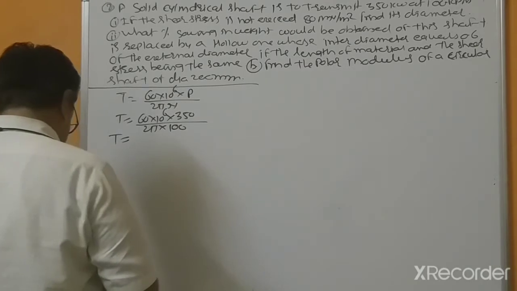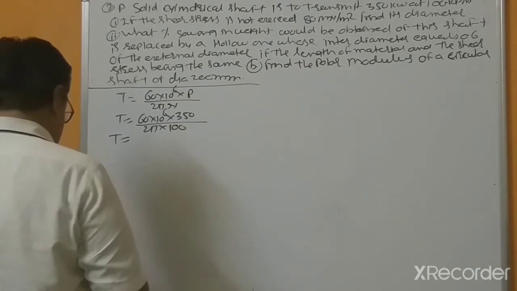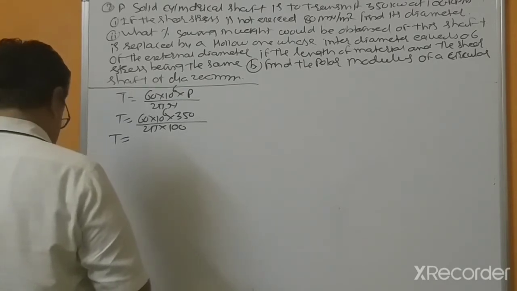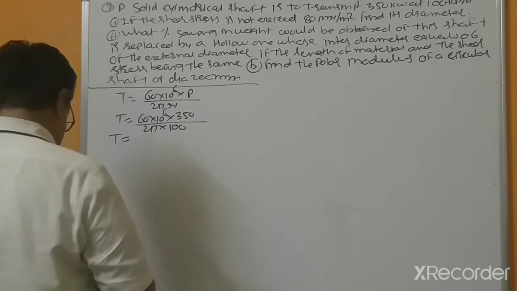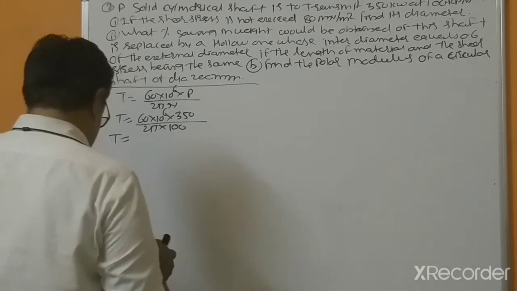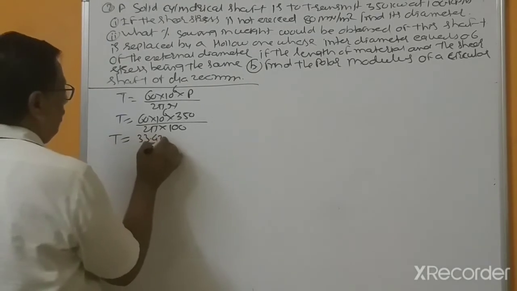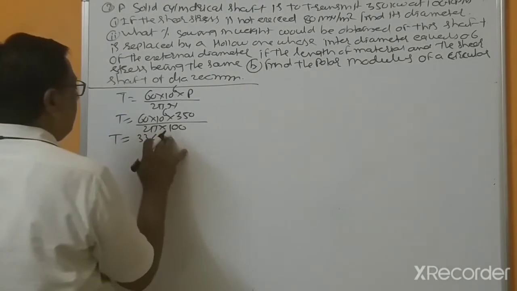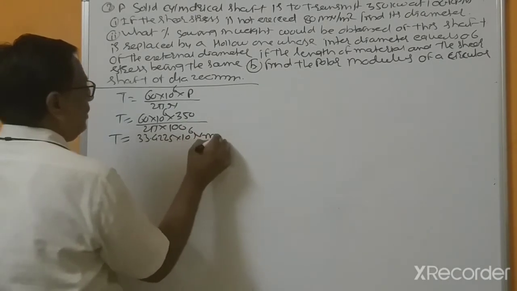So T equals 60 into 10 to the power 6 multiplied by 350 divided by 2 pi into 100. This is 33.4225 into 10 to the power 6 Newton mm.